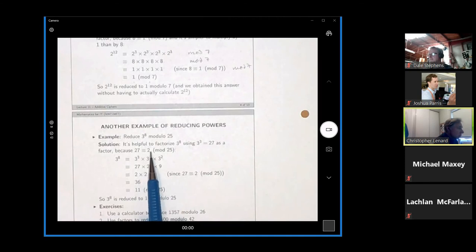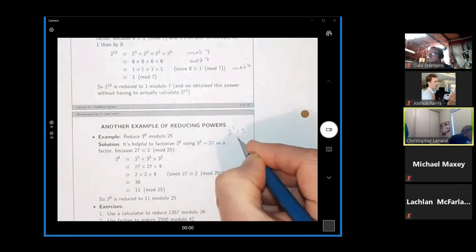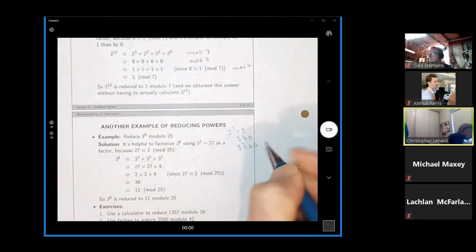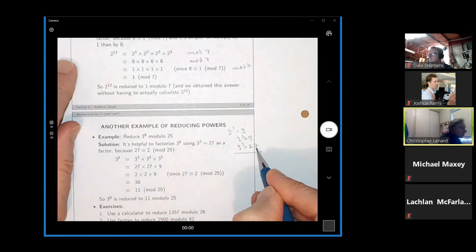So basically you're thinking of what power of 3 gets you just above 25. So 3 to the 1 is 3, 3 squared is 9, and 3 cubed is 27. So 27 is just above 25.